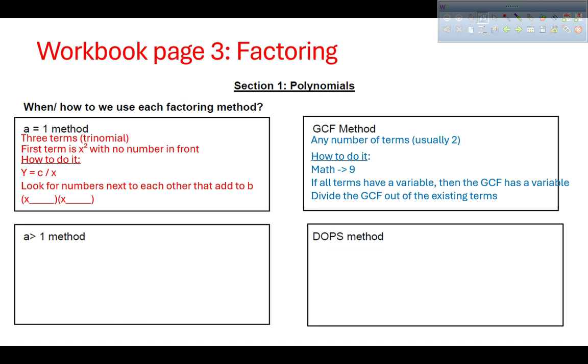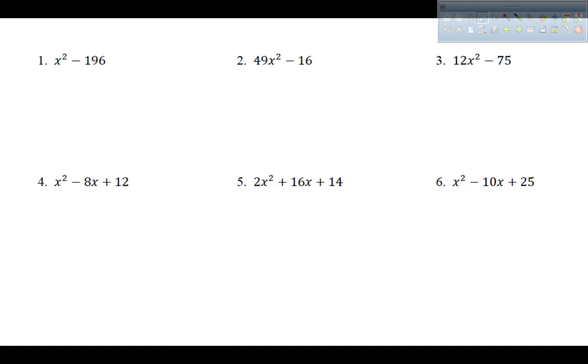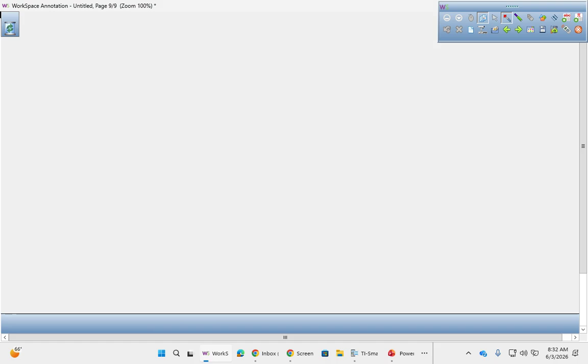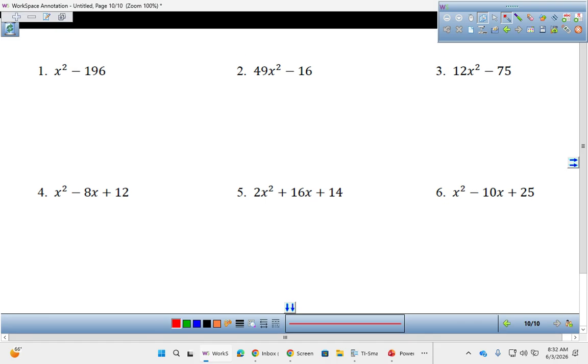All right, so let's look at our examples and let's figure out which ones are GCF problems. Now I see numbers 1, 2, and 3 all as 2 terms. So I'm thinking maybe they're GCF. So let's look at 1 and see if that's a GCF. Do both terms have an x? No. So there's no variable GCF.